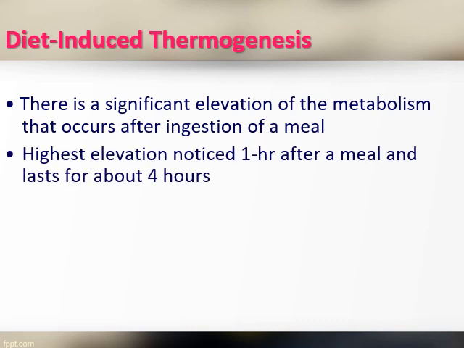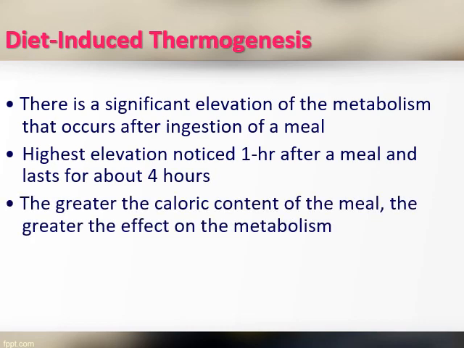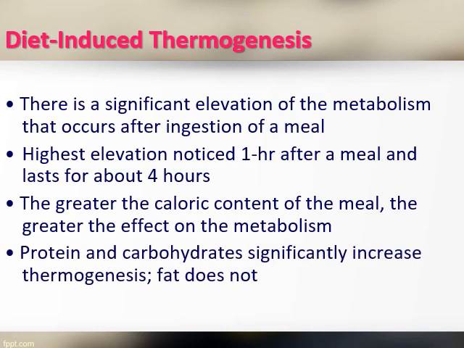The highest elevation is noticed 1 hour after the meal and lasts for about 4 hours. The greater the caloric content of the meal, the greater the effect on metabolism. Protein and carbohydrates significantly increase thermogenesis, while fat does not.